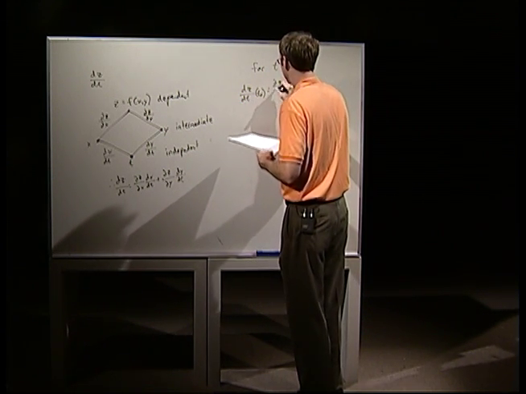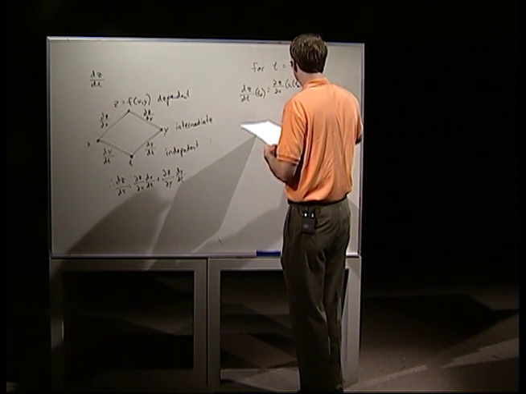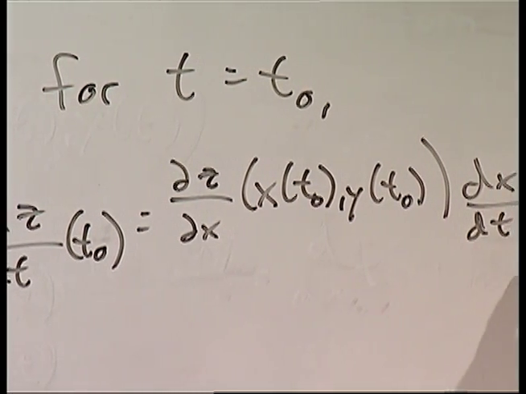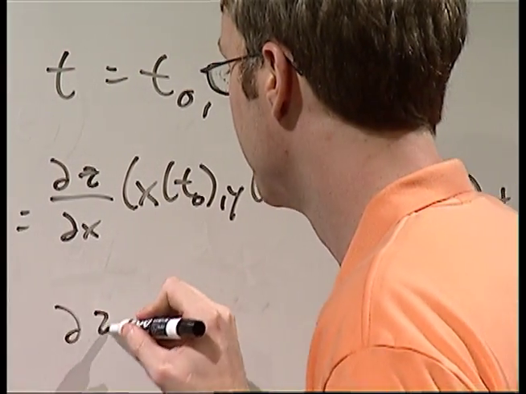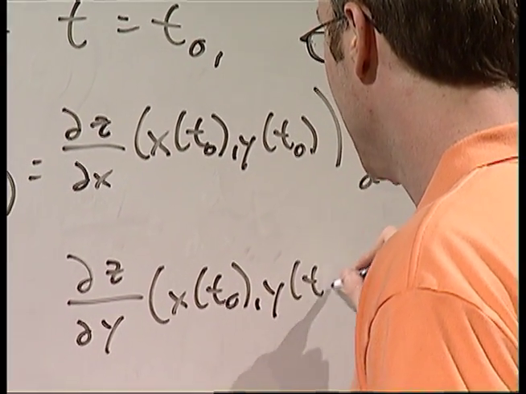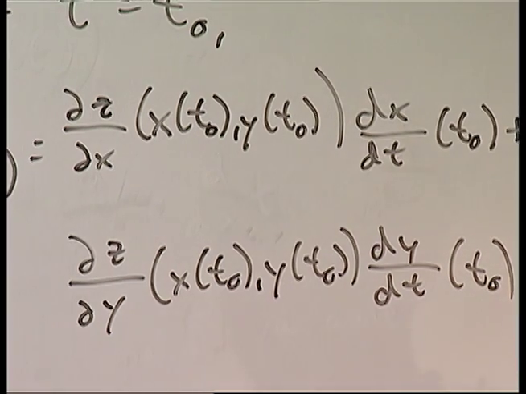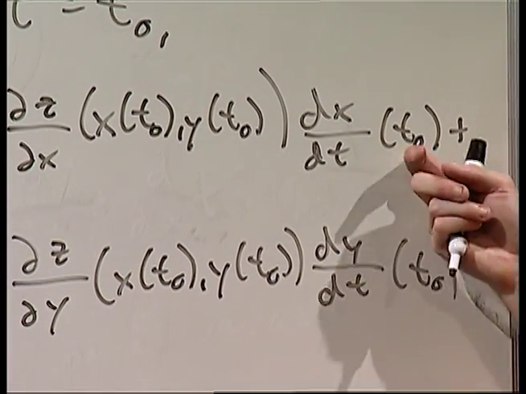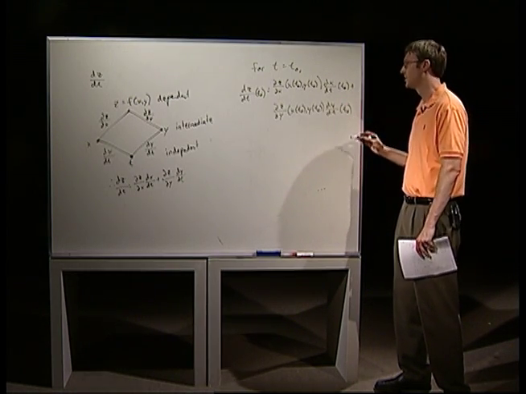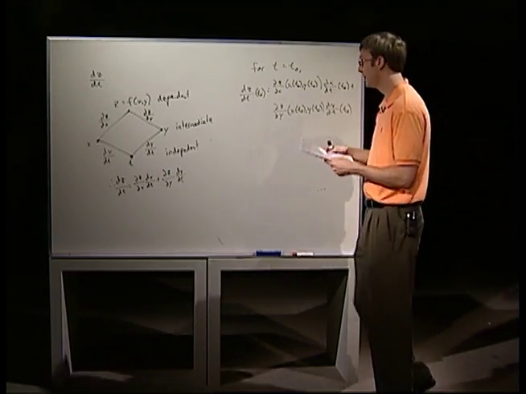You get partial z partial x at x of t naught, y of t naught, times dx dt at t naught, plus partial z partial y, also at x of t naught, y of t naught, times dy dt of t naught. So this is just a matter of plugging in. Notice that when I plug in t naught, I can plug in t naught directly to x and y, but I have to consider what the points are when I do the partials, what the points are related to those t naught values. Let's try an example.